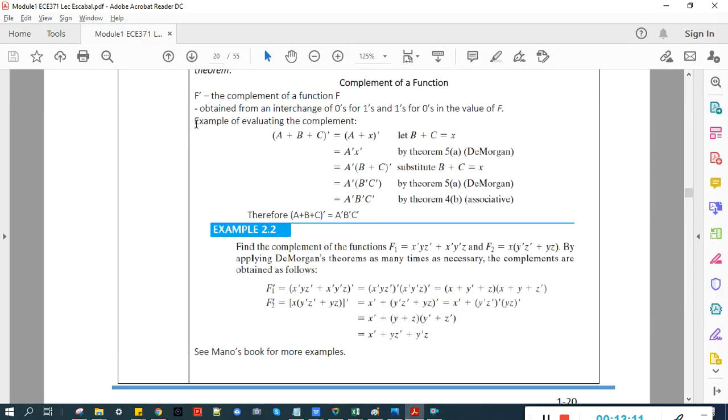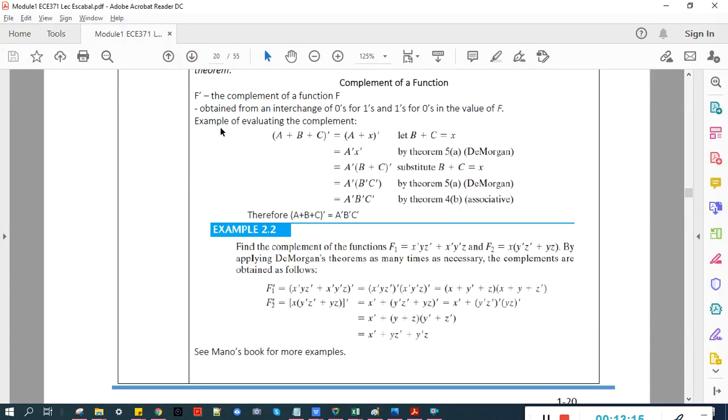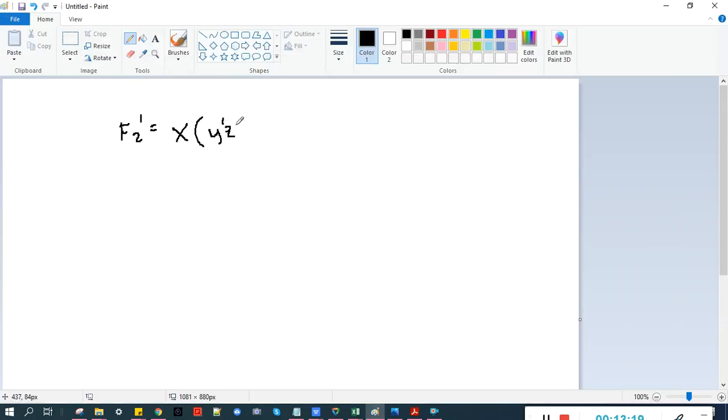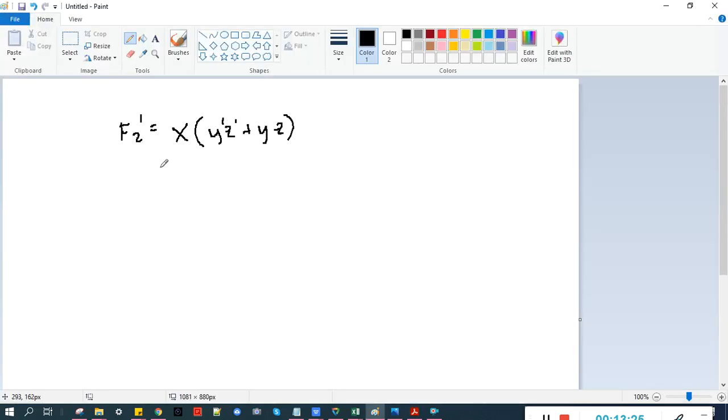Our f is x times the quantity y prime z prime plus yz, right? That's our f2, and then we complement that because that's what we're looking for.